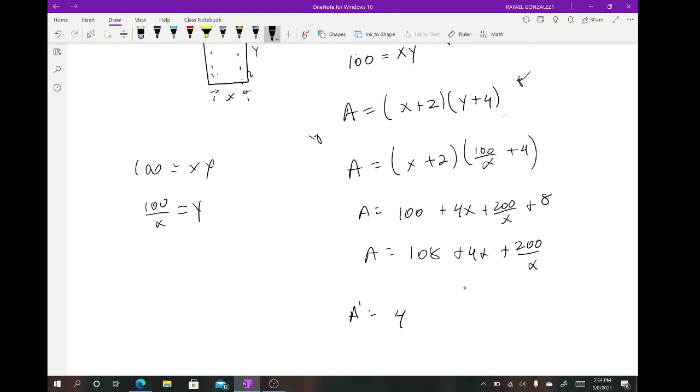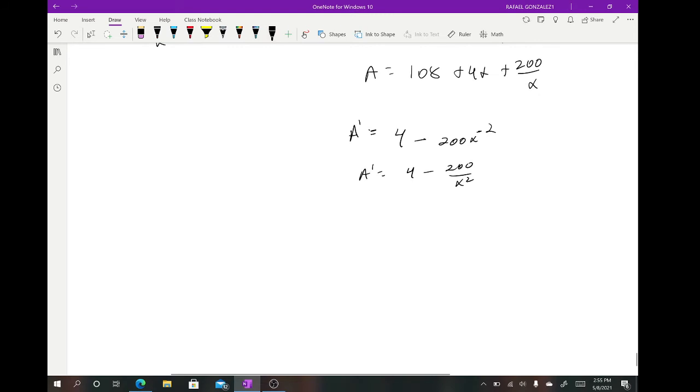So we get 4 plus 200 times x to the negative 1, so that's going to be equal to negative 200 times x to the minus 2. And that is the derivative. So it's 4 minus 200 over x squared.